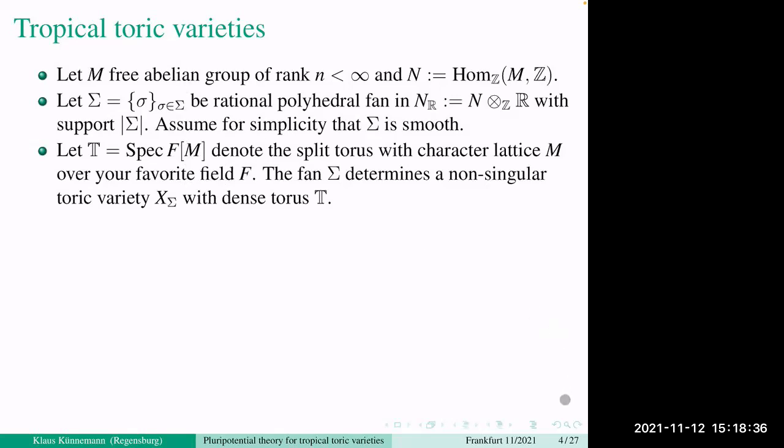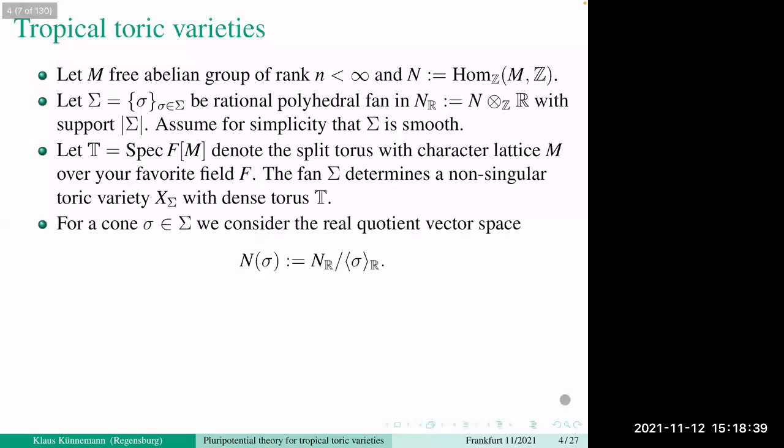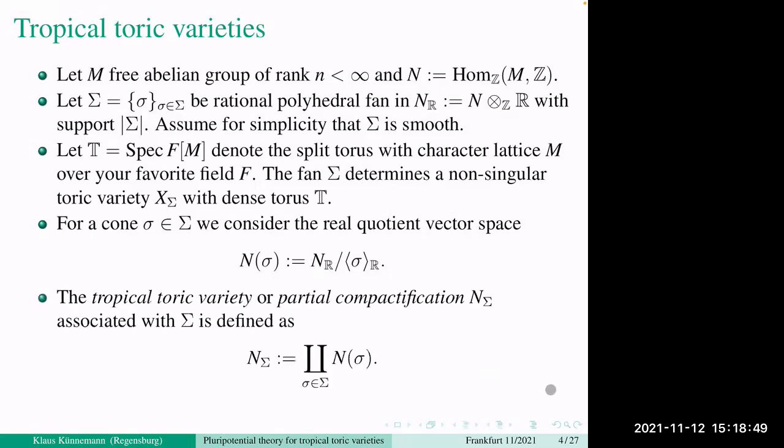So now let's talk about the tropical analog. For every cone sigma, we have the generated real subvector space in N_R, and we look at the quotient space. The tropical toric variety, sometimes called the partial compactification associated with this fan, sometimes also called a manifold with corners, is first of all the disjoint union of these finite dimensional vector spaces.